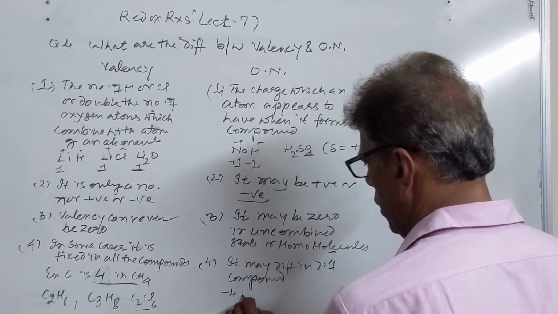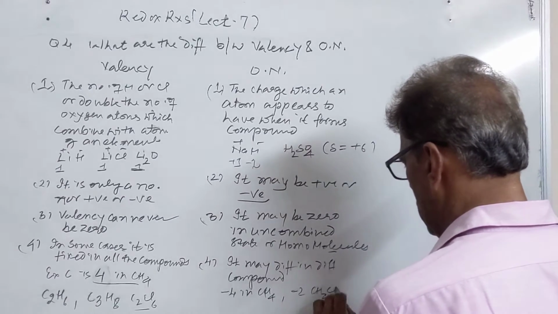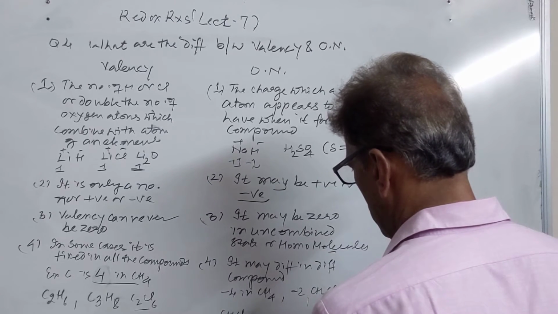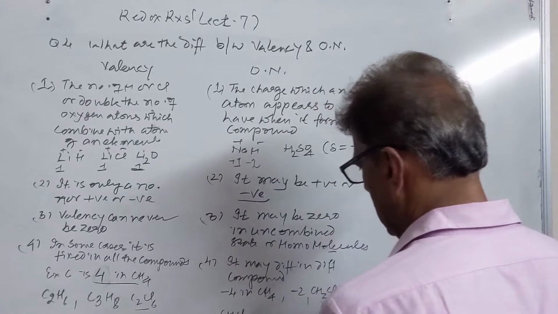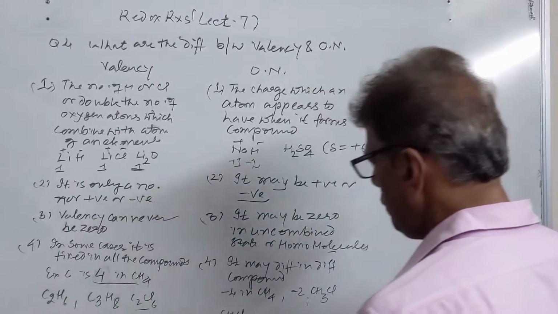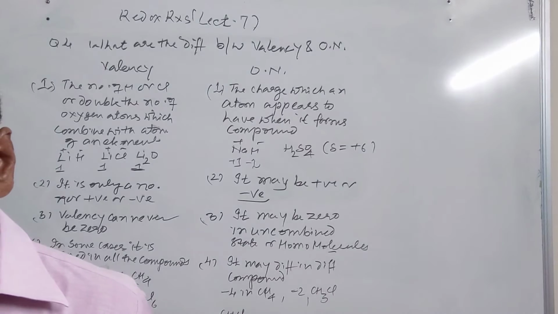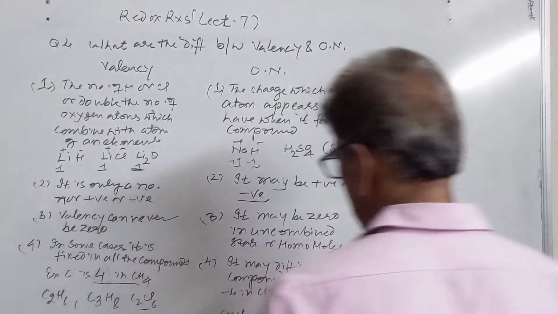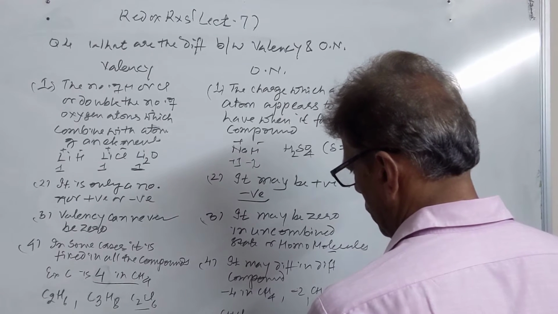Oxidation number is -4 in CH4, -2 in CH3Cl, and in CH2Cl2 chlorine is -1 here, carbon is +2.